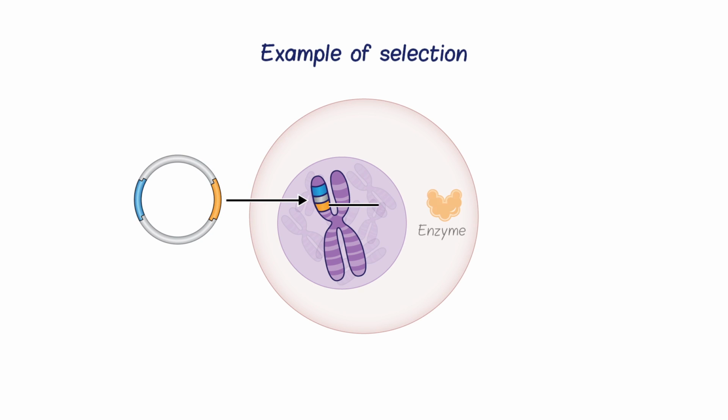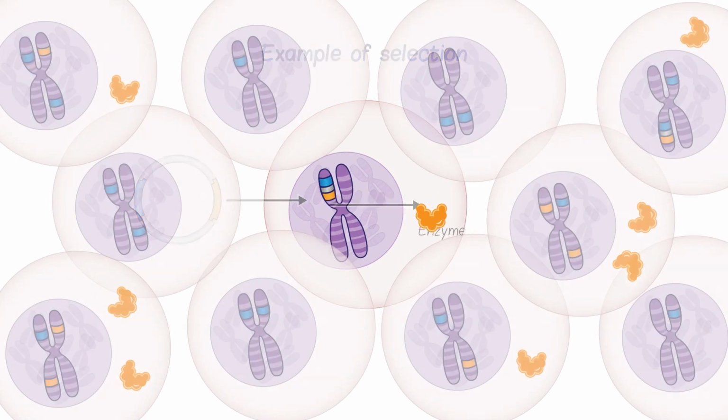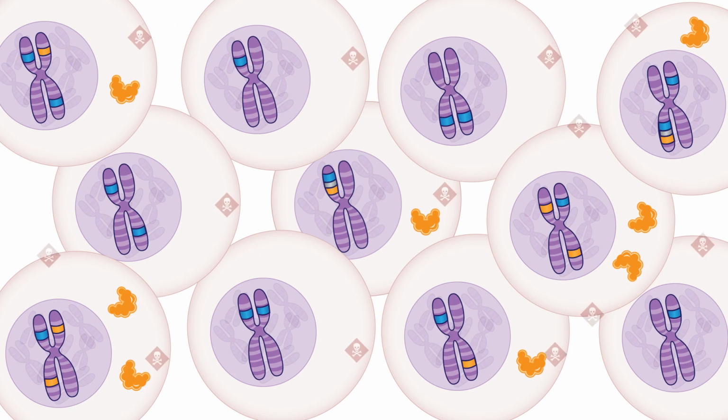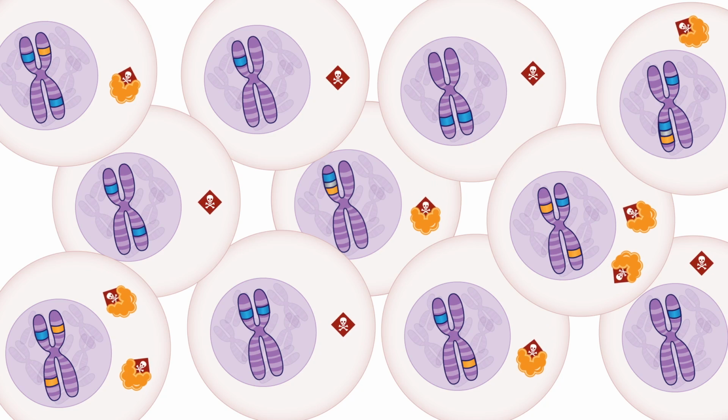The gene may code for an enzyme that neutralizes the toxin, allowing the host cells to survive. Adding that toxin to the growth media will select for cells that integrated the vector with the gene for our target. The other cells will die.